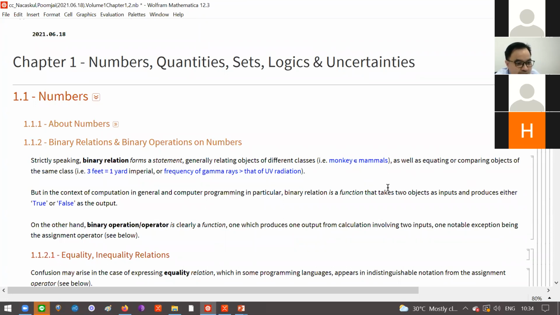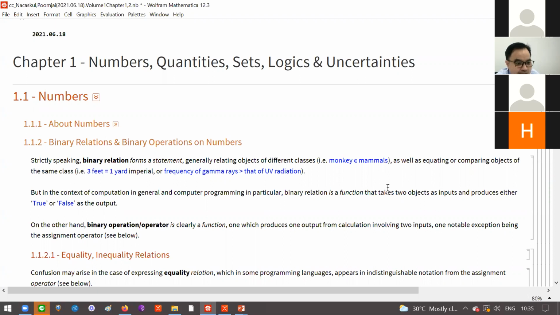Now, in the context of computation, we allow something else. We allow that relationship to be false. So if your notion of relation is you have two persons walking down the street, and you say, oh, the guy is an older brother of the girl, that's a binary relation. Well, in mathematics or in computation in general, we don't treat this as a truth.